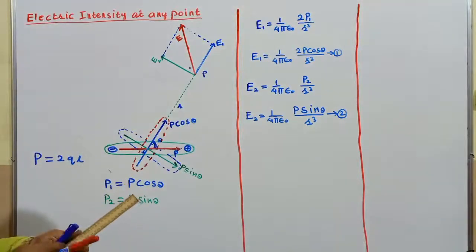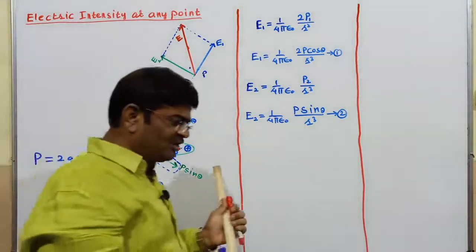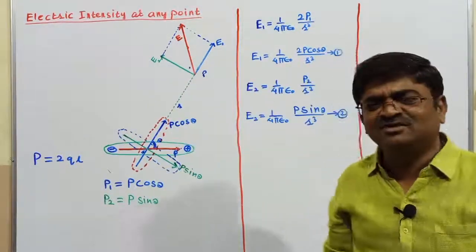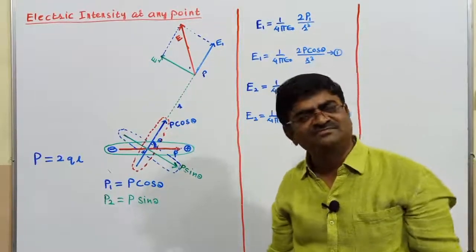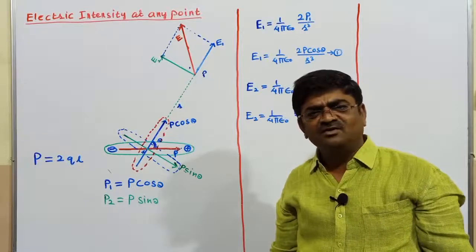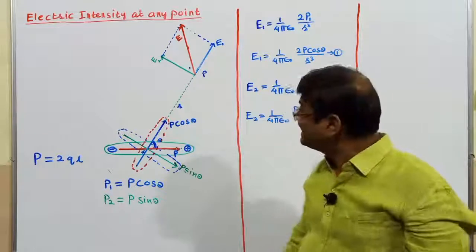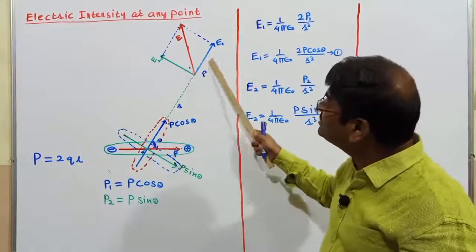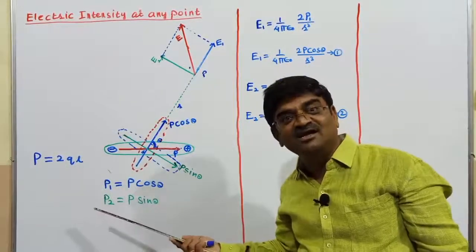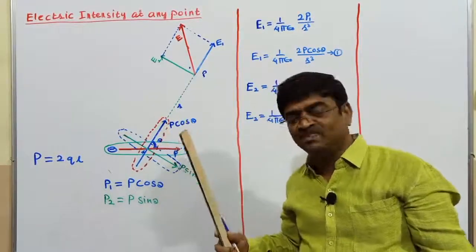First magnitude I will get, and you know how to get the magnitude of the resultant of two vectors: R equals root of P square plus Q square plus 2PQ cos theta. Here the angle between these two vectors to be added is 90 degrees, which I mentioned just now.